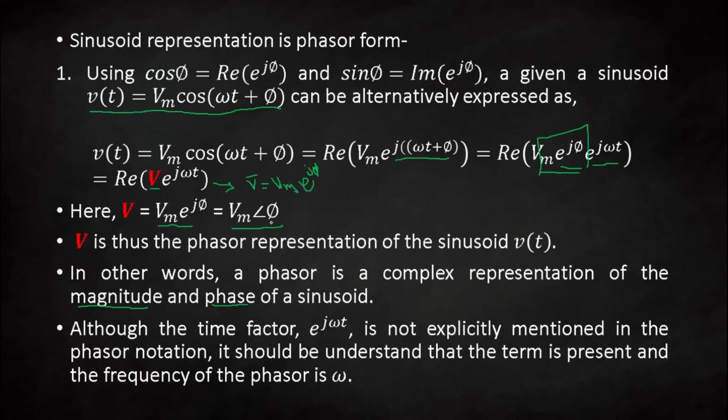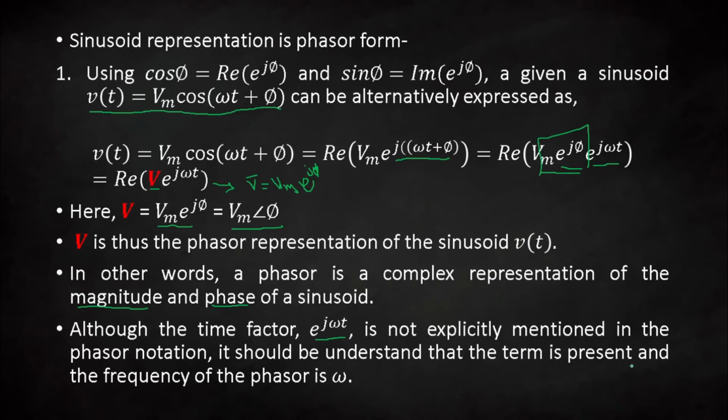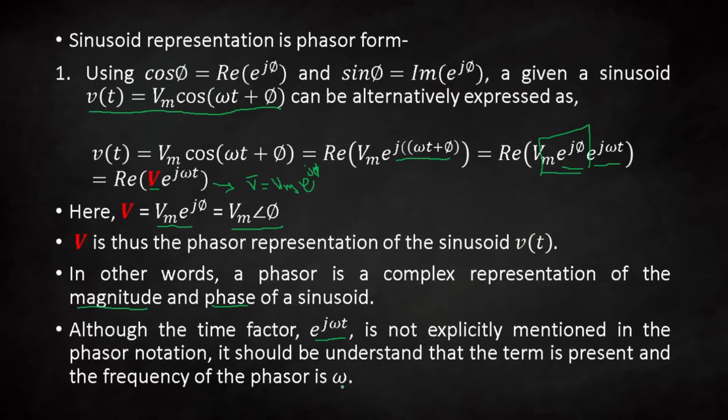The term e raised to j omega t is omitted and not explicitly mentioned in the phasor notation, but it is always there in the equation. It should be understood that the term is always present and the frequency of the phasor is omega.